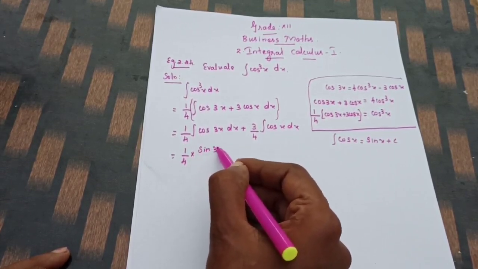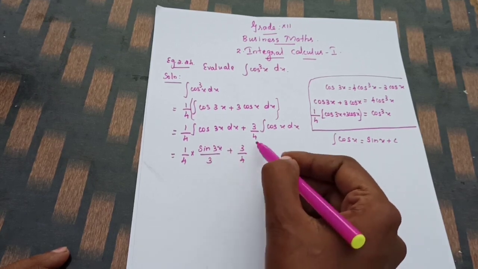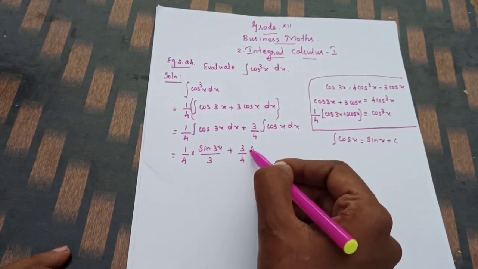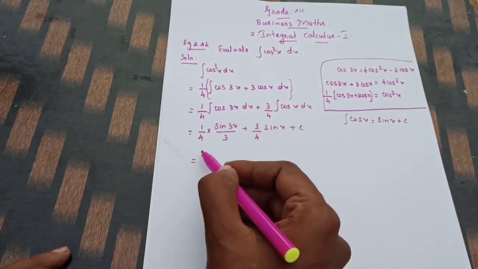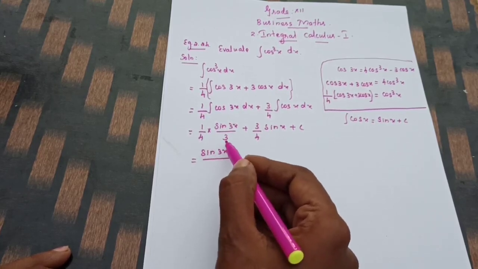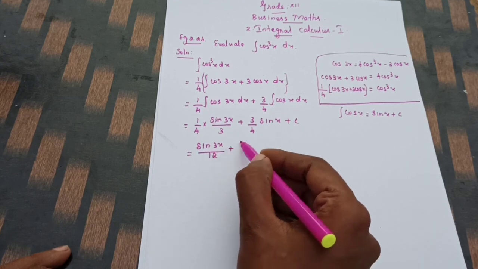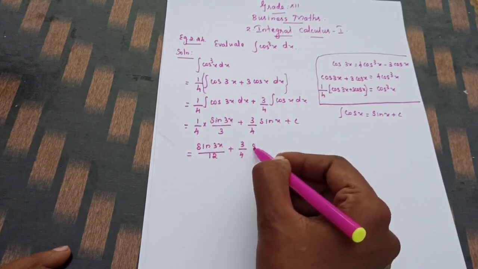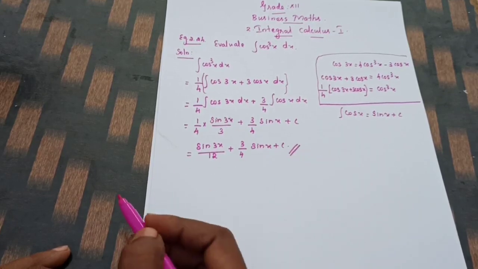So sin 3x by 3 plus 3 by 4 into, here only, sin x plus c. That is equal to sin 3x divided by 4 into 3, which is 12, plus 3 by 4 sin x plus c. That's all. Have you got the idea?